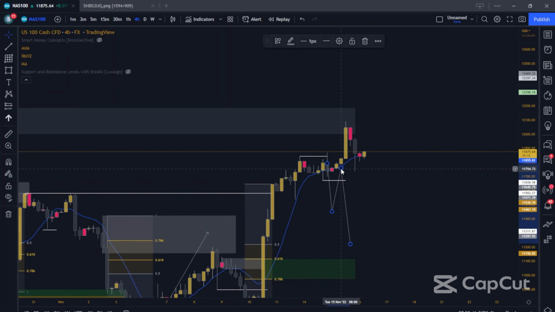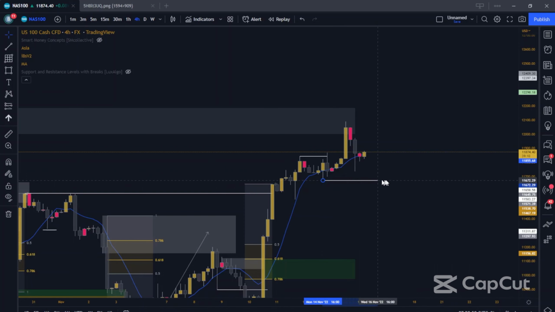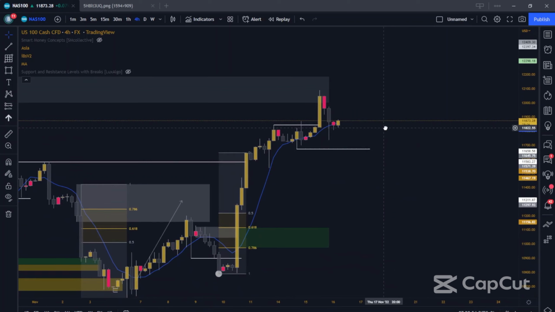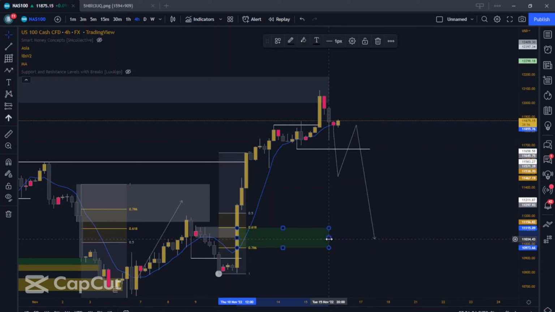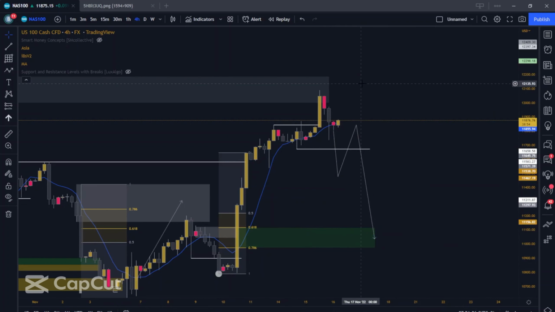So same as yesterday. If we get a break of structure down here, that is going to be our change of character, and we can look for shorts. I must do this neater. Yeah, we can look for shorts into our area of interest.